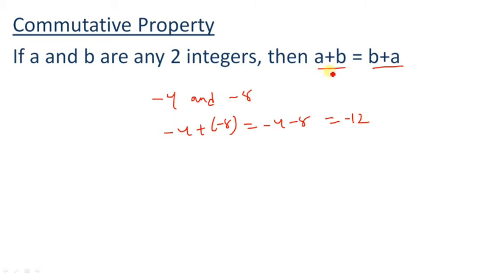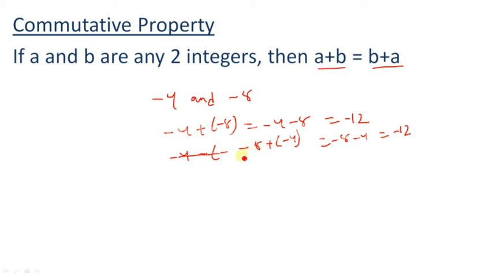Look, this is for the addition only. Now if I do b plus a, minus 8 plus minus 4, it will be equal to minus 8 minus 4, which is equal to minus 12.